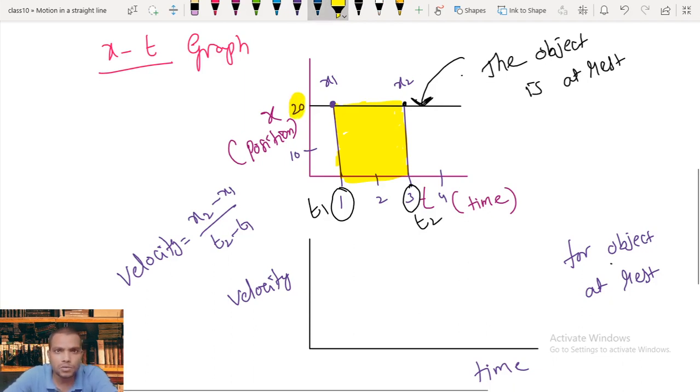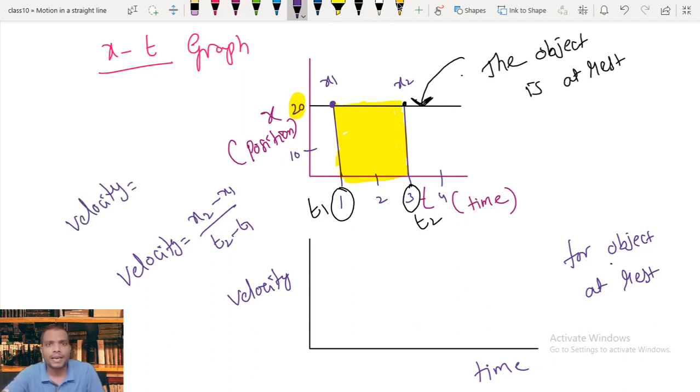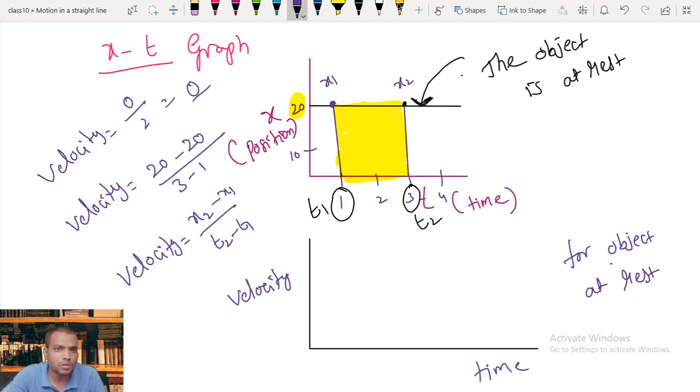If you substitute here, velocity equals the x2 value 20 minus the x1 value, also 20, upon t2 minus t1, which is 3 minus 1. So velocity equals 0 by 2, and 0 by something goes to 0.